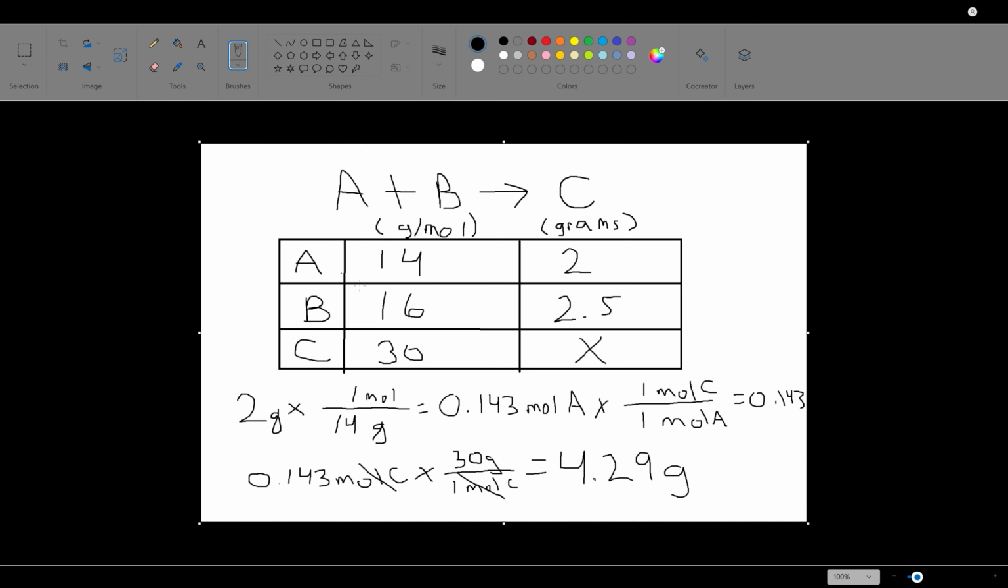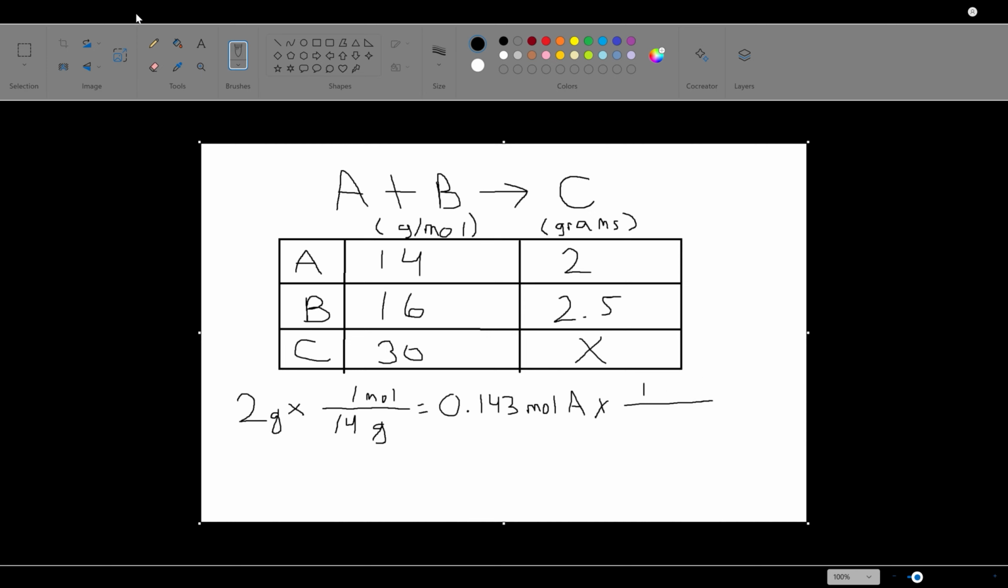So that's our A. So now we have to do the same process with B. So let's erase all this. And then we just do it all again. So we have 2.5 this time grams. And then it's now 16 grams per mole.